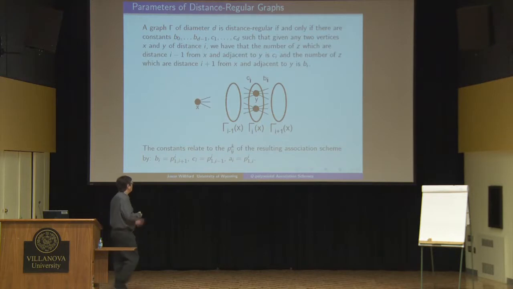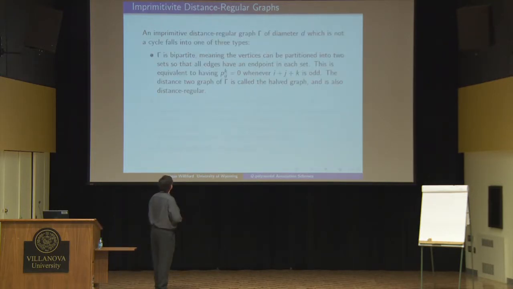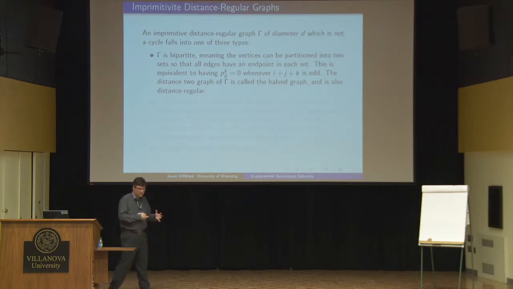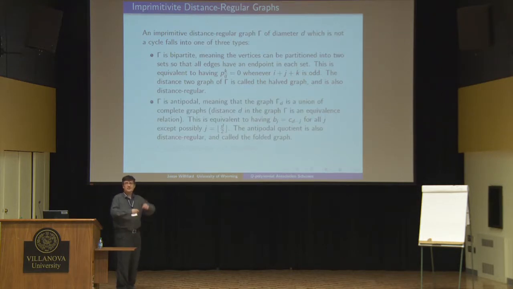Okay, so nice combinatorial definition. Now also, what do imprimitive distance regular graphs look like? Again, throw away the cycles. Then they come really in 3 flavors. So they're either bipartite graphs, they're either antipodal, which means distance d is an equivalence relation, or they could be both.